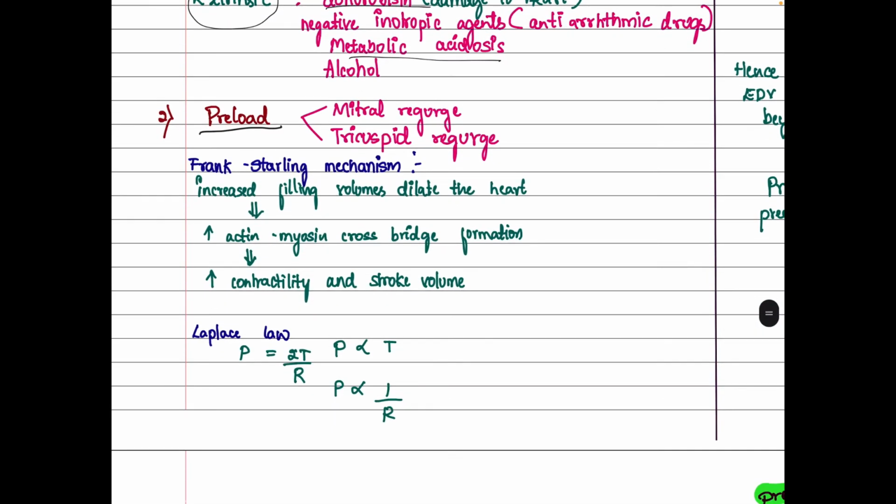Increase in preload is due to mitral regurgitation, tricuspid regurgitation, and aortic regurgitation.